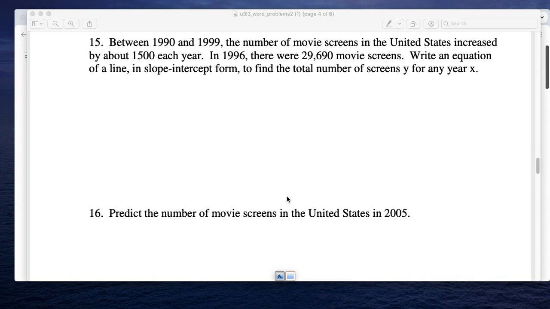Between 1990 and 1999, movie screens increased by about 1,500 per year. In 1996, there were 29,690 movie screens. Write an equation.